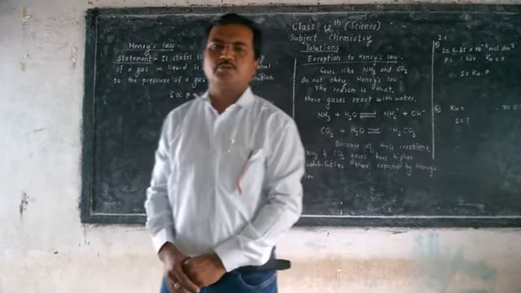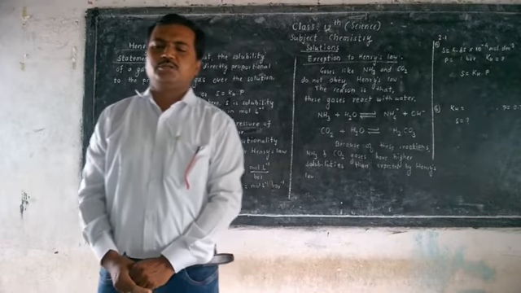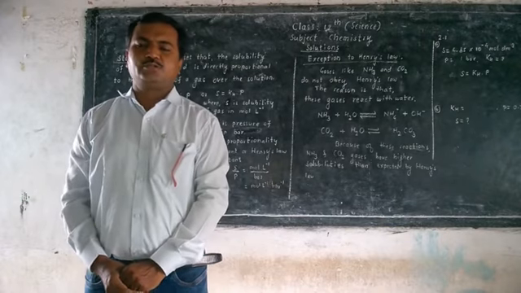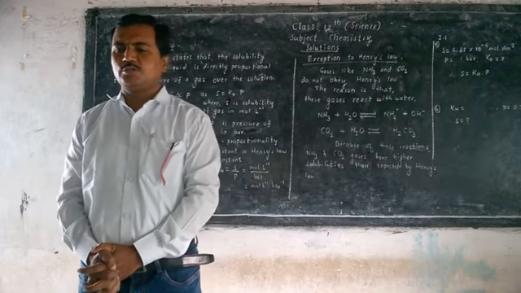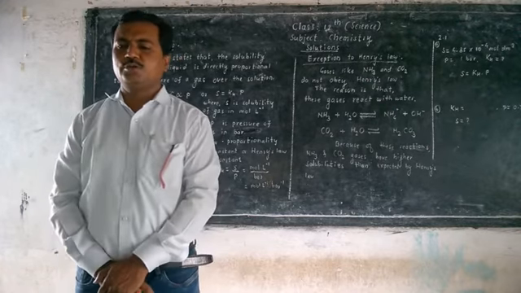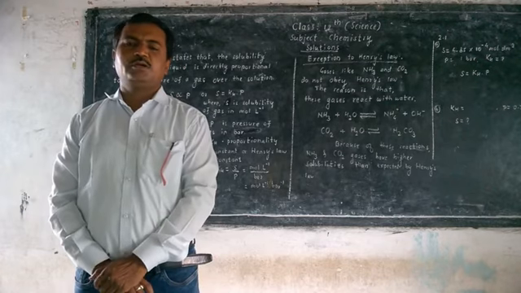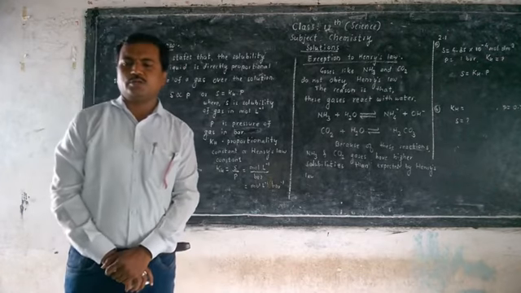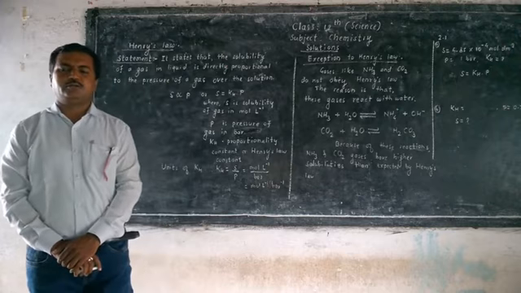In the last period, we have seen saturated solution and unsaturated solution. A saturated solution is the solution in which maximum amount of solute is dissolved in a given amount of solvent at a given temperature.